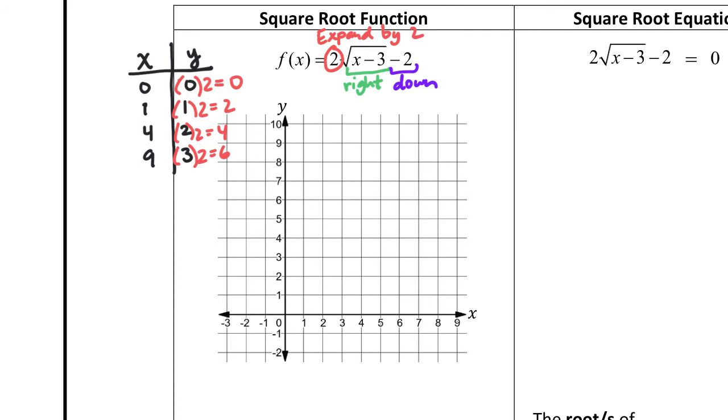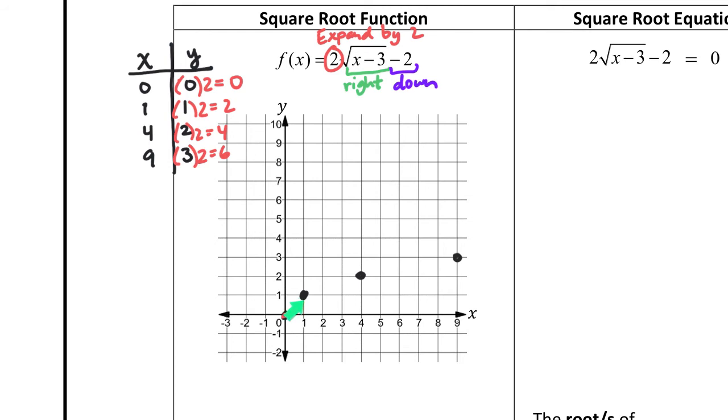So if we graph it, let me graph the parent function first. So the points in black. So it's 0, 0, 1, 1, 4, 2, and 9, 3. And so what the expansion does is it causes the points to go, well, this one stays there.